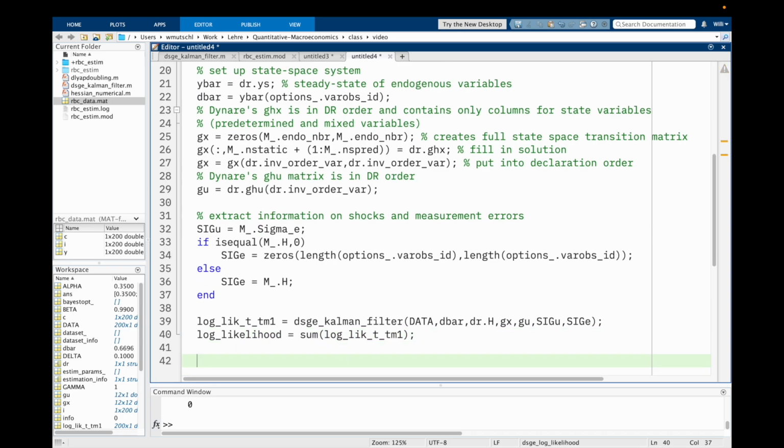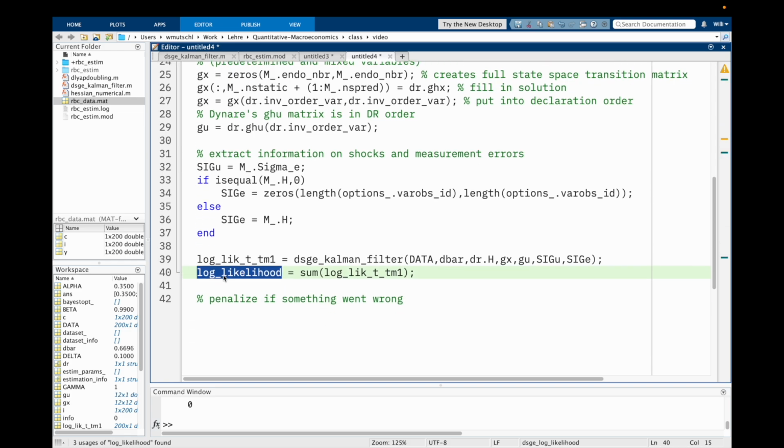and all is good. Well, if something does not work as planned, if something went wrong, then I will have NaNs here, or maybe this is imaginary or infinity. So let me catch all those cases.